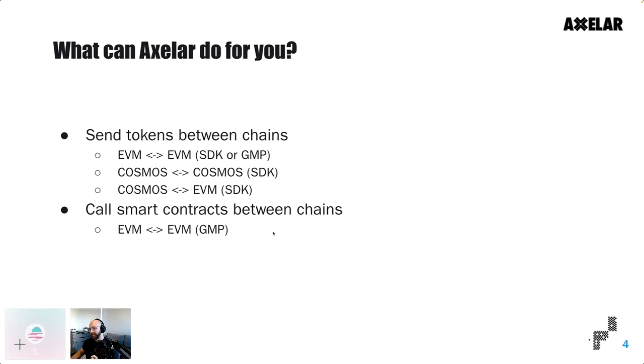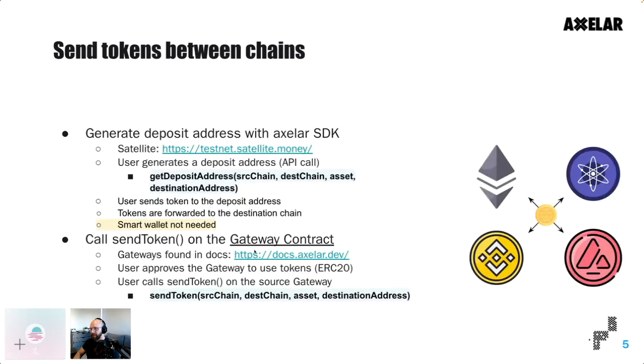The other thing you can do with Axelar is perform basically any smart contract call between any EVM chain that we support. So you can call a contract on Avalanche that can call a contract on Moonbeam. That functionality is only supported on EVM chains.